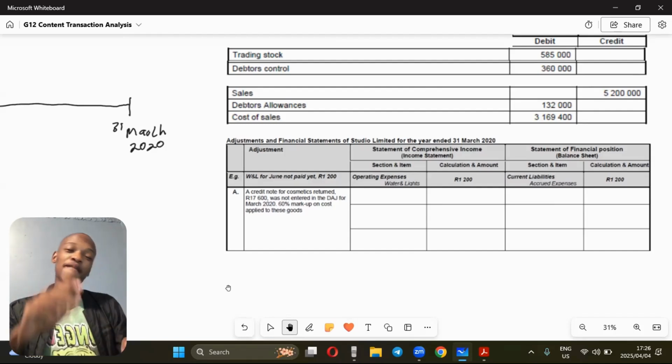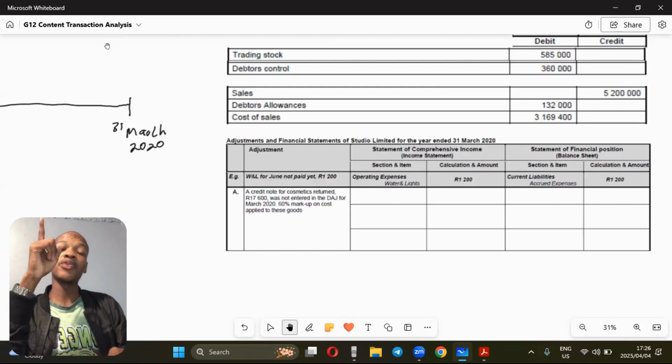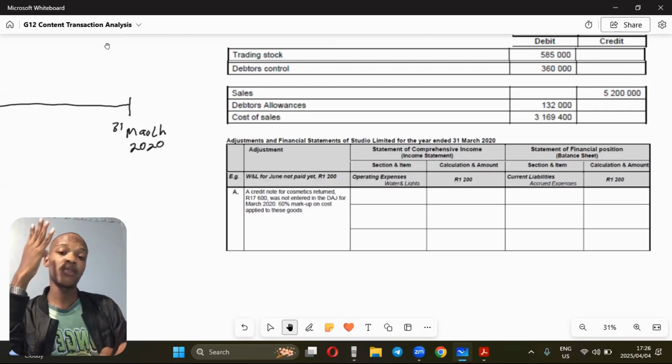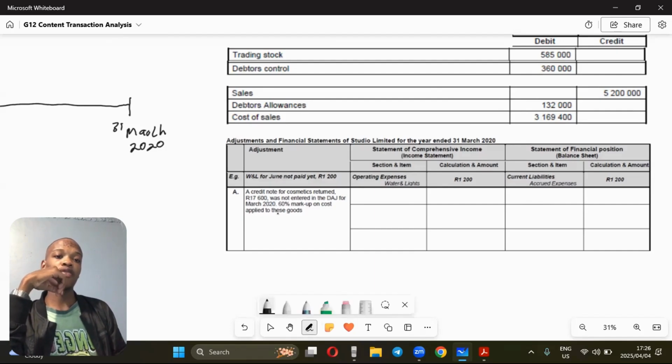This means we are reversing everything that we did while recording the invoice. Four accounts were affected then, and now four accounts are going to be affected.